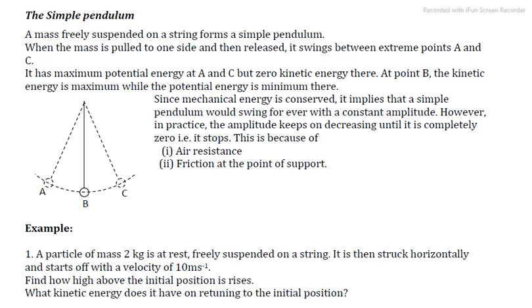When this mass is pulled to one side and then released, it swings between two extreme points, that is A and C. At these extreme points, it has maximum potential energy and 0 kinetic energy.